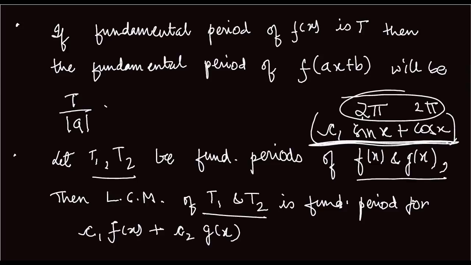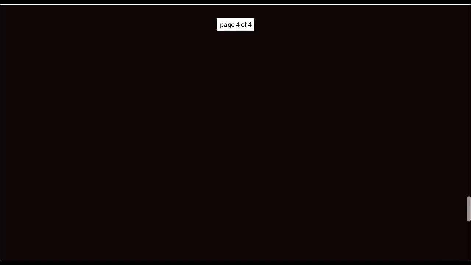Okay. So this is the main thing. And C1 and C2 are arbitrary constants. Fine.